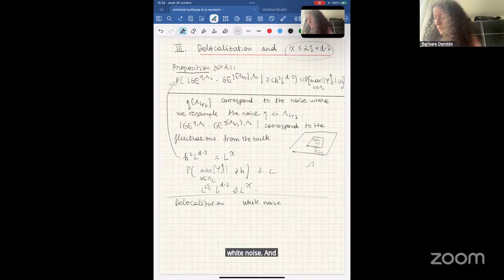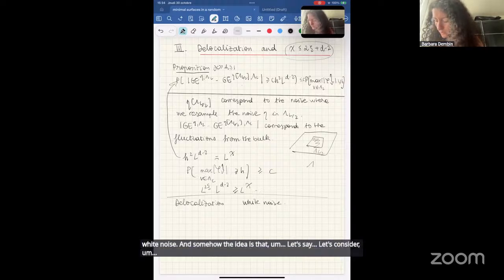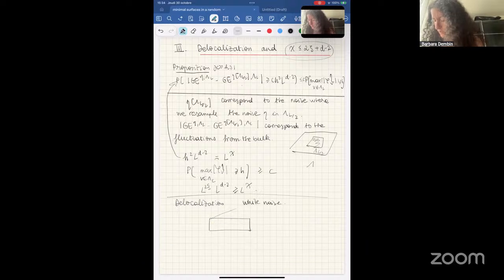And somehow the idea is that, let's consider a surface that stays most of its time in a cube of width h.